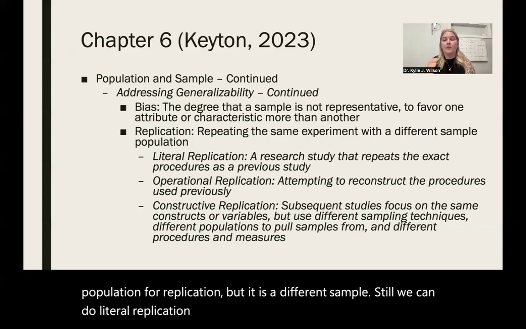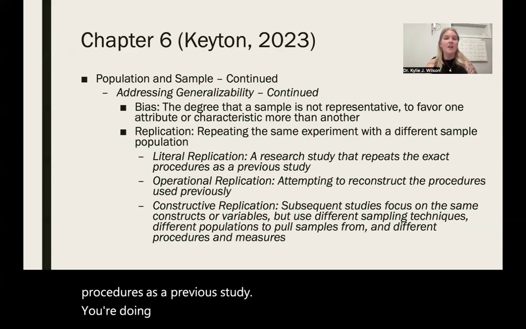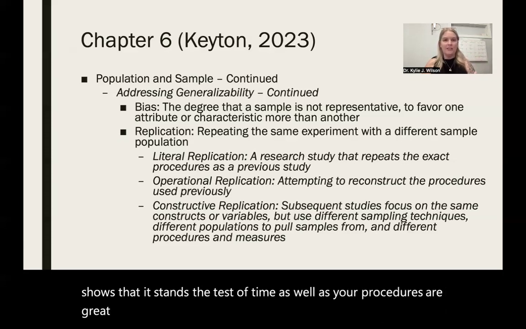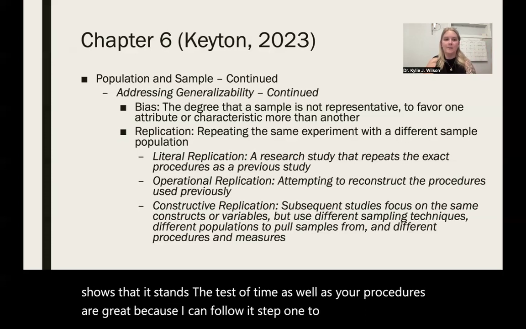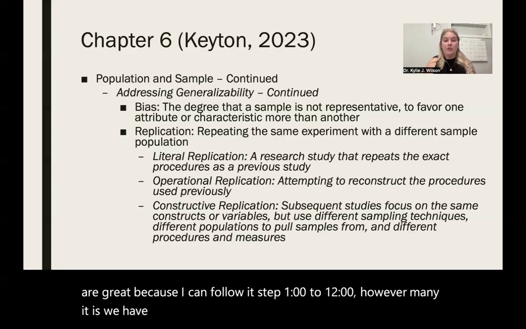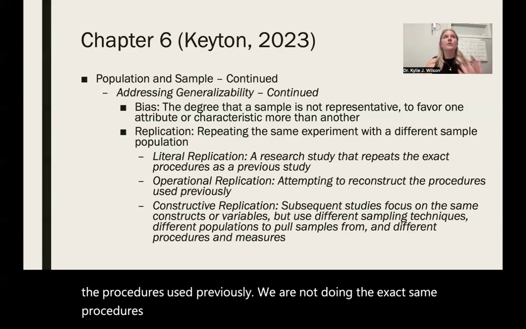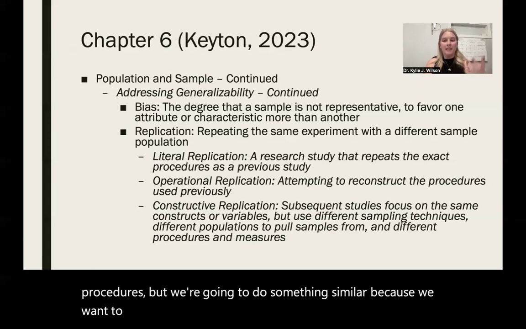So the research study that repeats the exact procedures as a previous study, you're doing exactly what they did, which is important because it shows that it stands the test of time, as well as your procedures are great because I can follow it step 1 to 12, however many it is. We have operational replication, so we attempt to reconstruct the procedures used previously. We are not doing the exact same procedures, but we're going to do something similar because we want to replicate, but not in the exact same way.